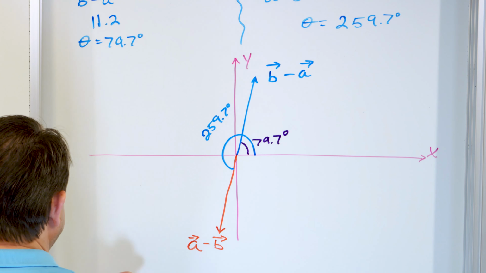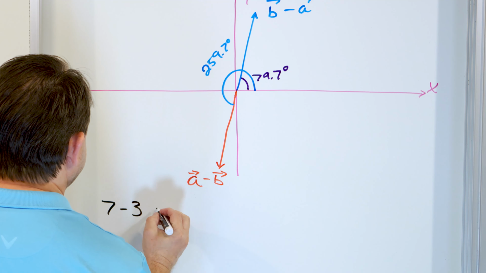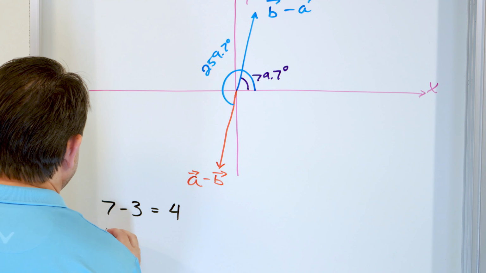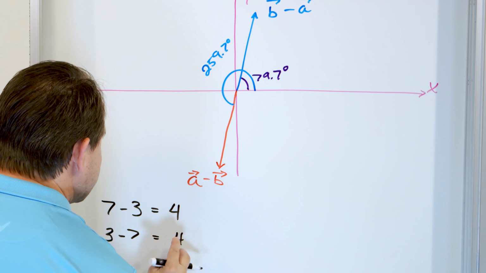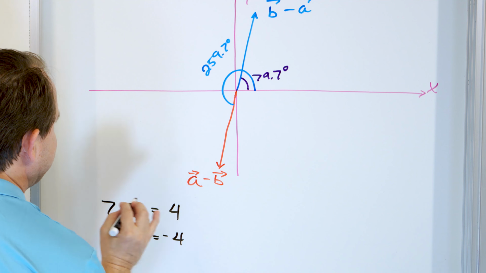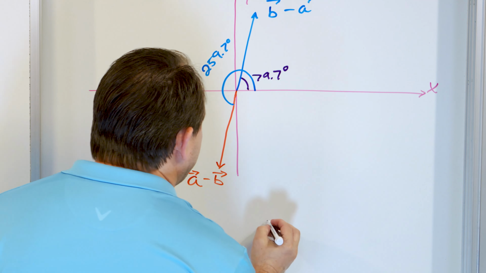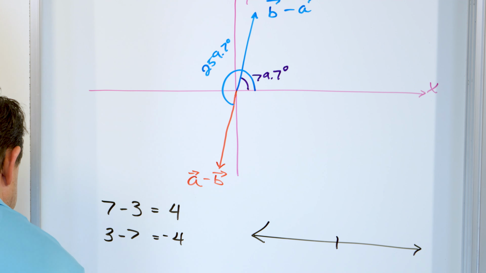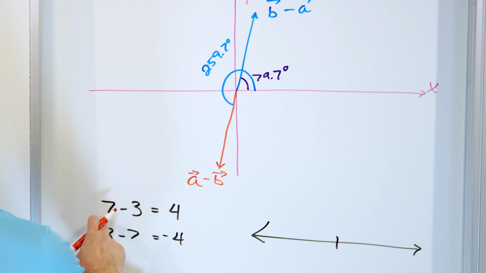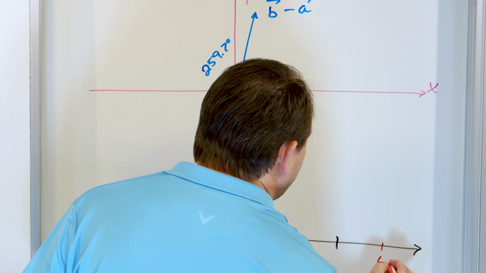If I take 7 minus 3, just think about numbers, what do I get? 4. But if I take 3 minus 7, I just flip the order of the subtraction. I get the same exact number, but I alter it by putting a negative sign there. And if I represent this on a number line, which we did in 5th or 6th grade, whenever you learned about negative numbers, what you learned is that 7 minus 3 was 4 units away over here.